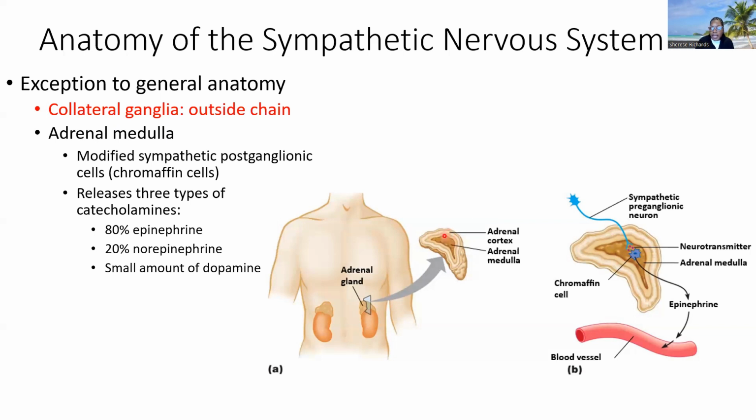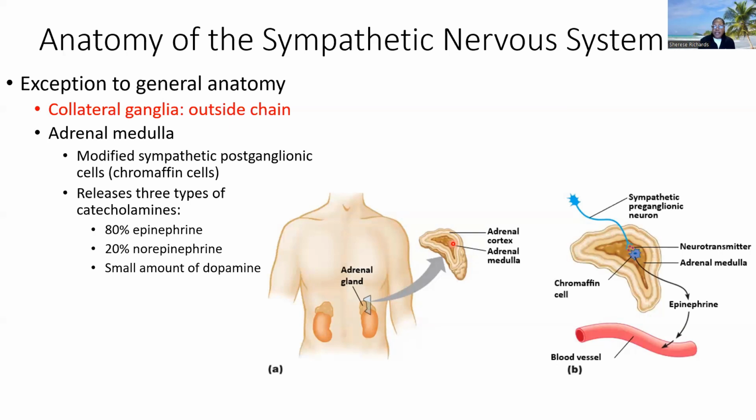And then there is the medulla, which is the inner darker staining part of the gland, and that's going to have cells that are called chromaffin cells. All right, so the chromaffin cells here are going to be the third option to which these preganglionic neurons can synapse.